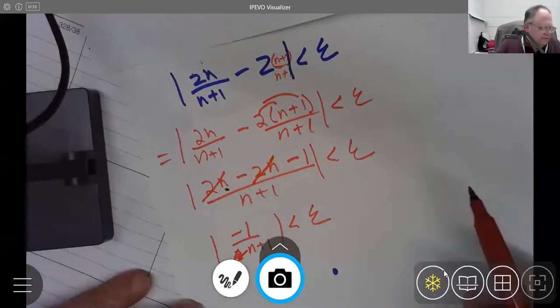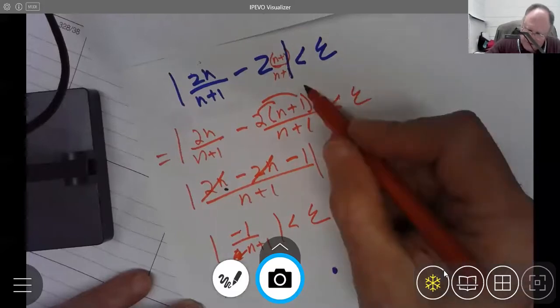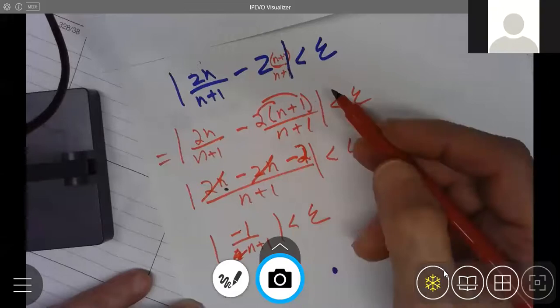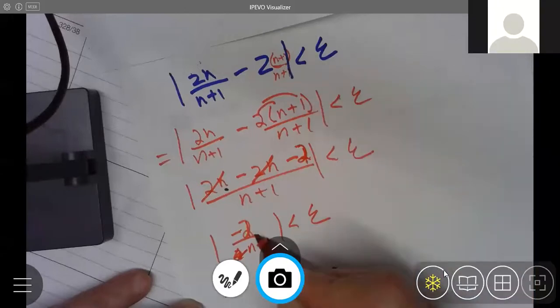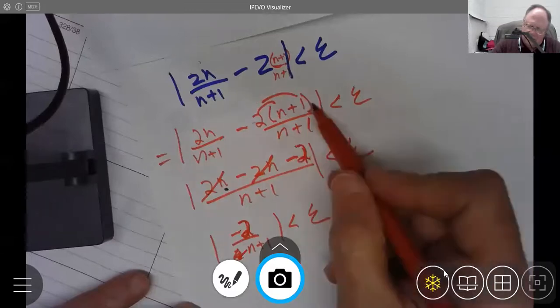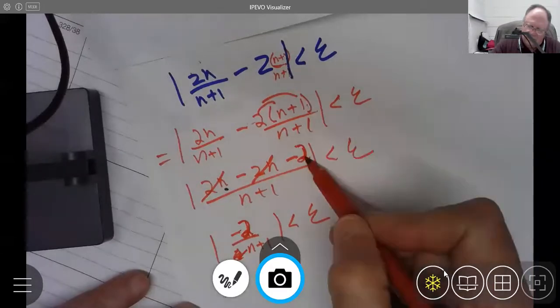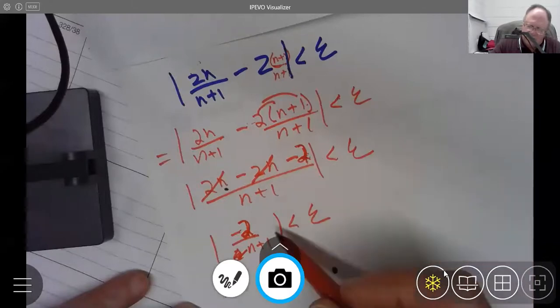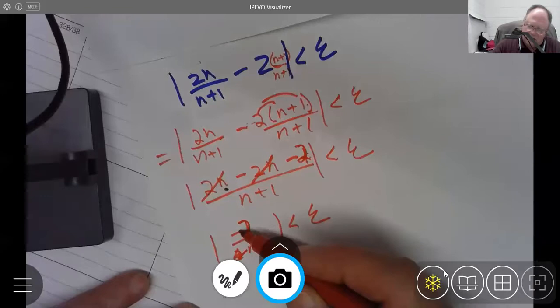It's 2 because the 2 distributes: 2n minus 2n minus 2, the 2n's cancel, and you still have negative 2. Because this is an absolute value, the negative can go away.